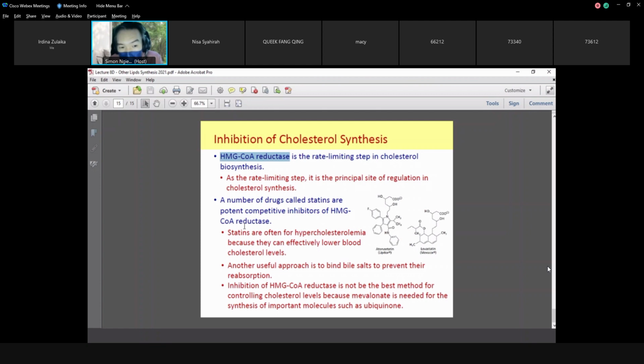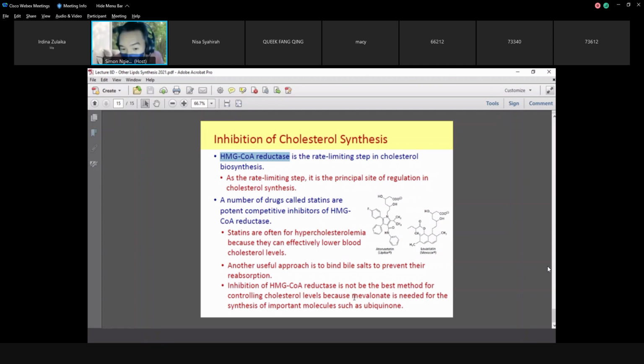So if a high cholesterol patient takes this drug, this drug is basically inhibiting this. The reason it can help lower blood cholesterol is that if you inhibit this, you stop cholesterol synthesis, and if you stop cholesterol synthesis, your cholesterol reduces.